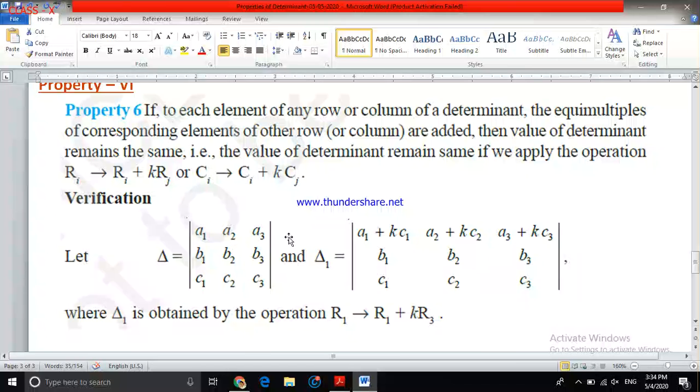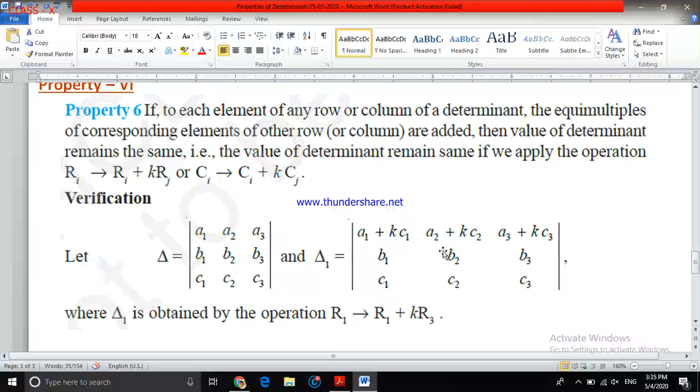That means in the new matrix lambda 1, R1 is added to k times R3: a1 plus k times c1, a2 plus k times c2, and a3 plus k times c3. The rest of the rows remain the same.